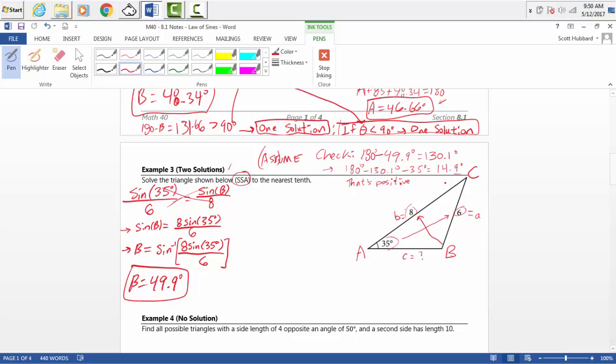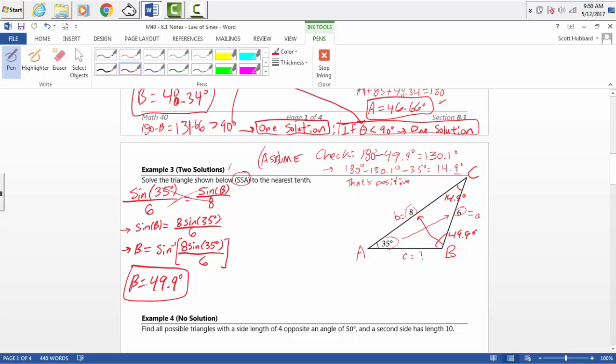The problem with these triangles is that I found out that this could be 14.9, and I found out that this could be 49.9 degrees.